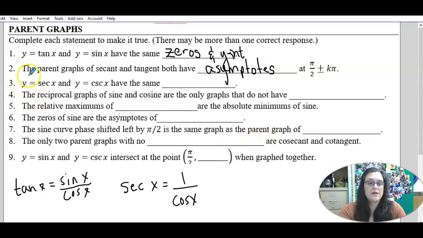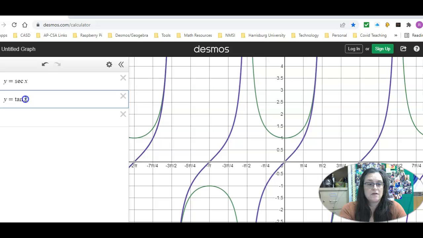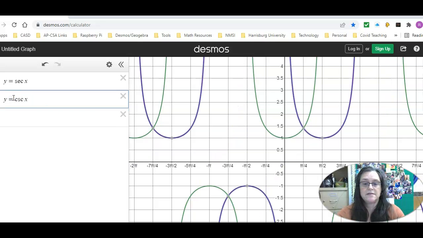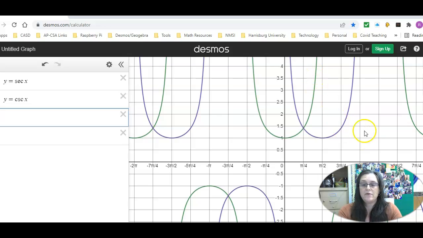Then number 3 is asking us to compare secant with cosecant. And when we look at their graphs, secant of x and cosecant of x, okay, they both have the same shape. They're alternating U shapes.